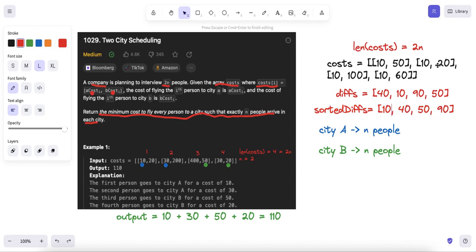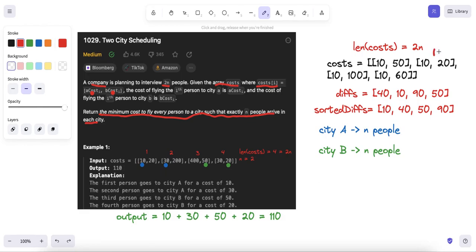This 10 comes from the second individual, and this means that it would take this individual only $10 extra to send him to city B rather than city A. The 40 instead comes from this first individual, meaning that it would only take $40 extra to send this individual to city B rather than city A. The other two individuals would take much more money to send them to city B rather than city A. Therefore, when dividing this sorted differences array in half, we would rather send the first half to city B, and the second half to city A.